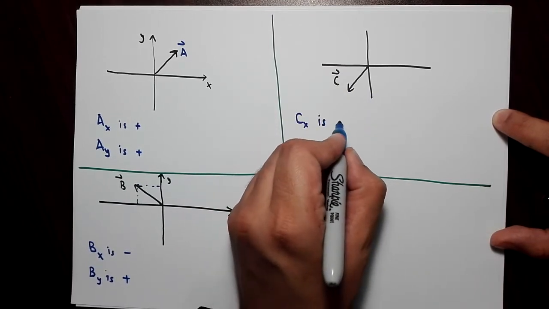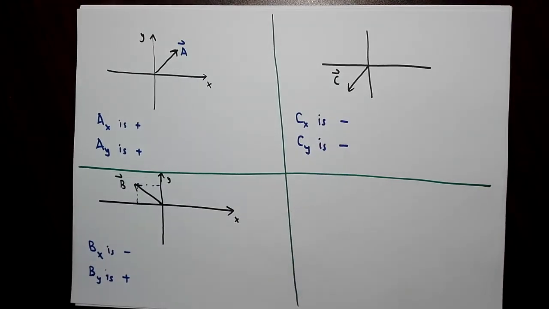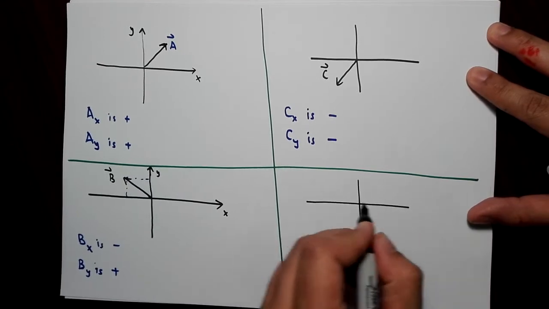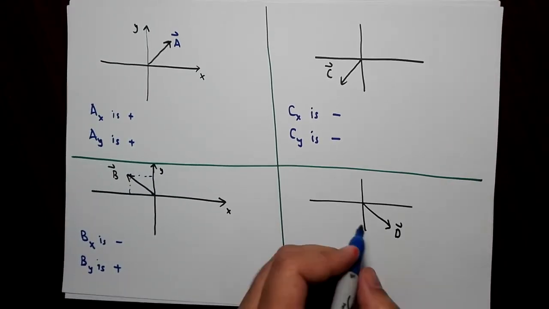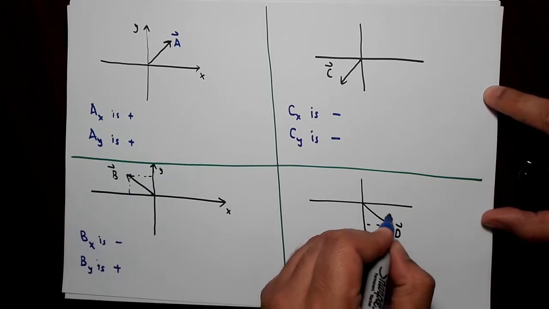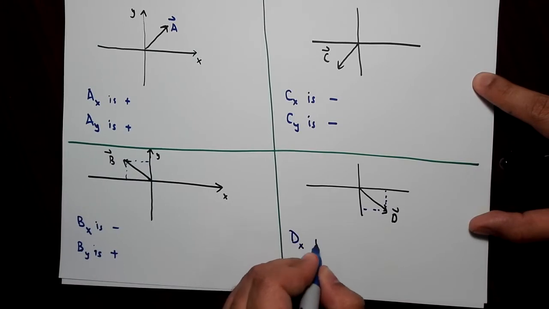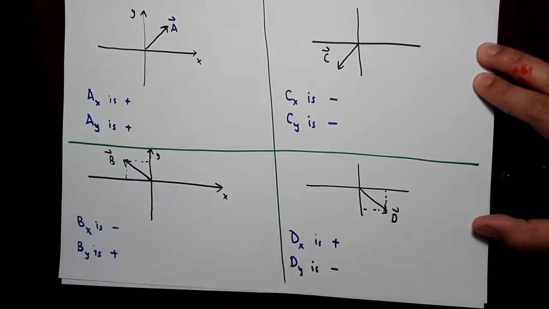So Cx is negative and Cy is negative also. Similarly, if we have a vector that points in the fourth quadrant, okay, D, this is its projection on the x, which is positive. So Dx is positive and Dy is negative.